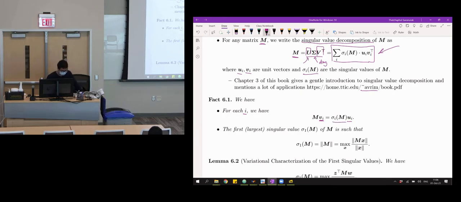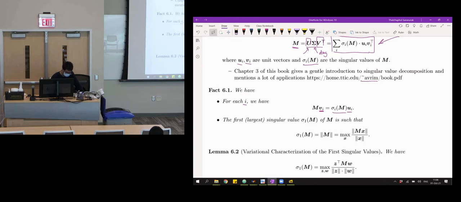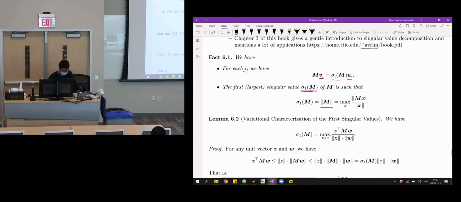And also, the largest singular value is basically the norm of the matrix: if x is a unit vector, you ask what is the maximum stretch that M can map x to. Okay, so that's the two things.